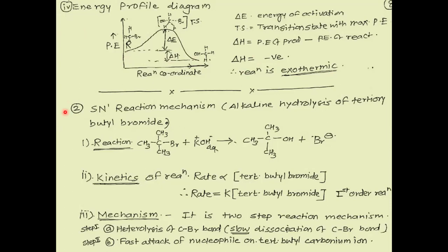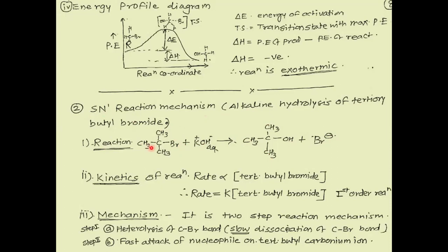Now the second one, the SN1 reaction mechanism. It is the alkaline hydrolysis of tertiary butyl bromide. S stands for substitution, N stands for nucleophilic, and 1 for unimolecular reaction. So what is the reaction? CH3C(CH3)(CH3)Br plus KOH gives CH3C(CH3)(CH3)OH plus Br minus.